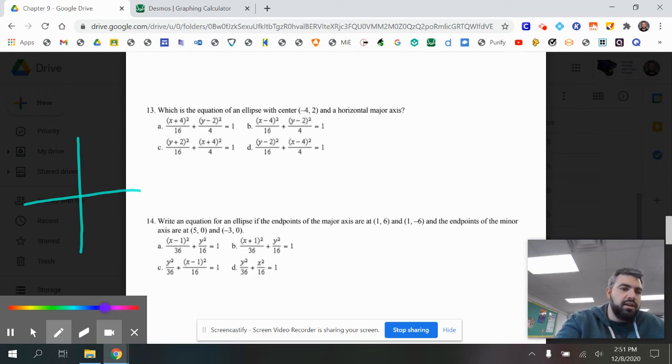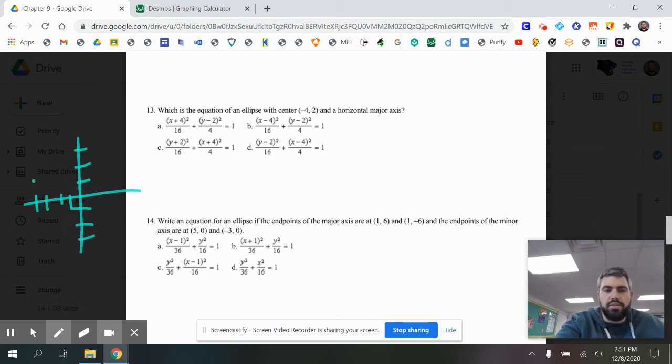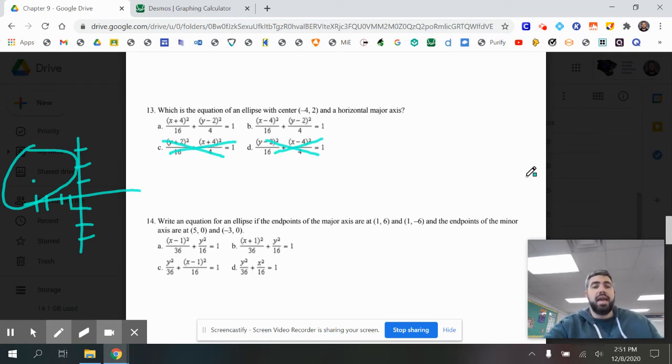It's centered at -4, 2. So it's going to be right there, and it's going to be some sort of an ellipse looking kind of like this, right? So we know x comes first, so automatically I get rid of C and I get rid of D. So now I have to figure out, is it going to be A or B?